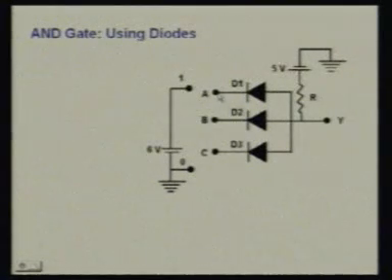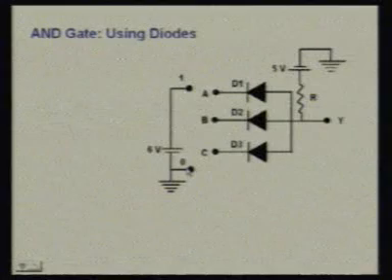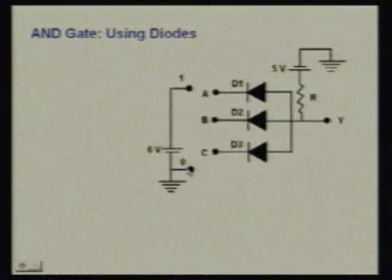Now if we assume that A, B and C, all three are in 0 state, what will happen? D1, D2 and D3 all will be in forward bias condition, because 5 volt is applied at the P terminal, and A, B, C are connected to 0 volt.